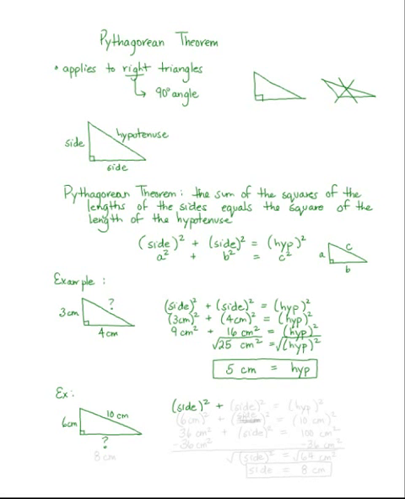Side squared plus side squared equals hypotenuse squared. So we have 6 centimeters, the quantity squared, plus, oh, excuse me, no, that's our hypotenuse. That's the one we don't know, that side. And our hypotenuse is 10 centimeters, quantity squared.